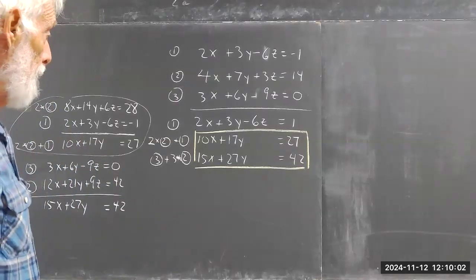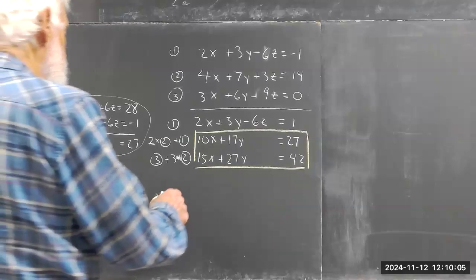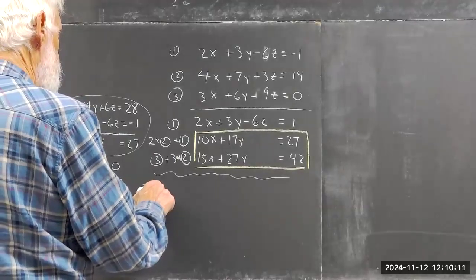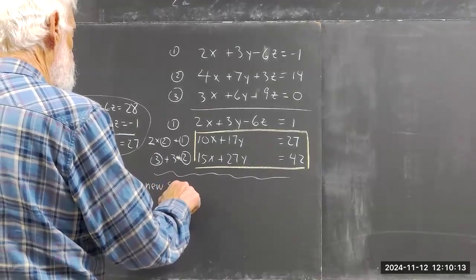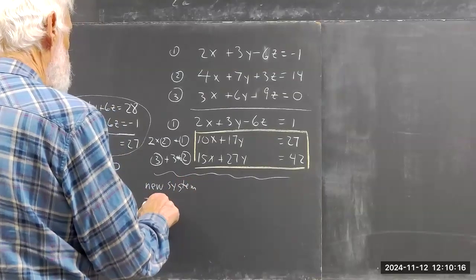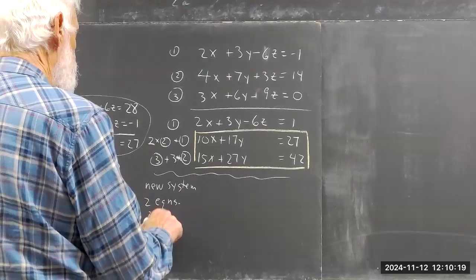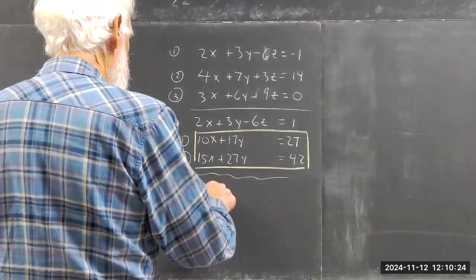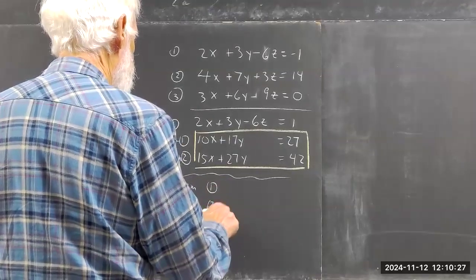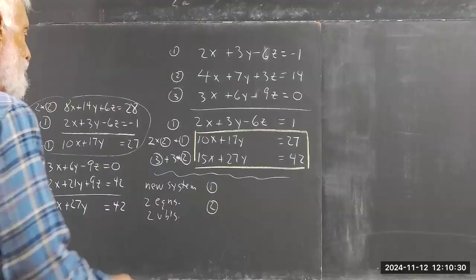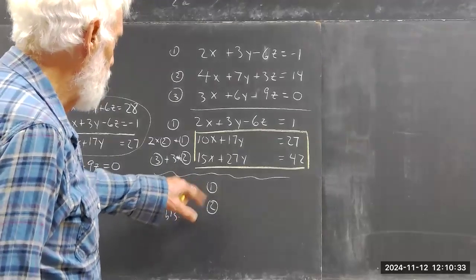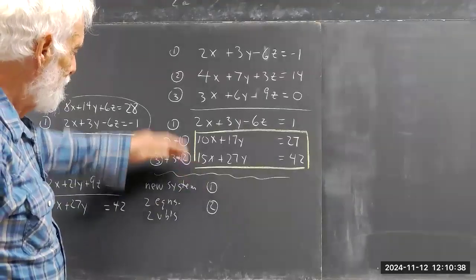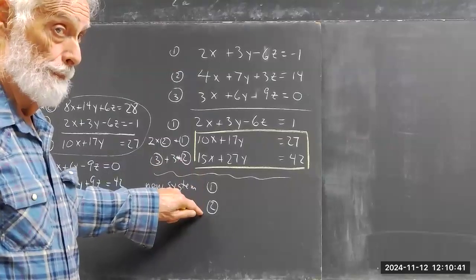Okay, so I'm going to rewrite this system. Now you've got 2 equations and 2 variables. I'm going to write equation 1, equation 2. Now equation 1 is the new equation 1, so my numbering up here doesn't apply down here.